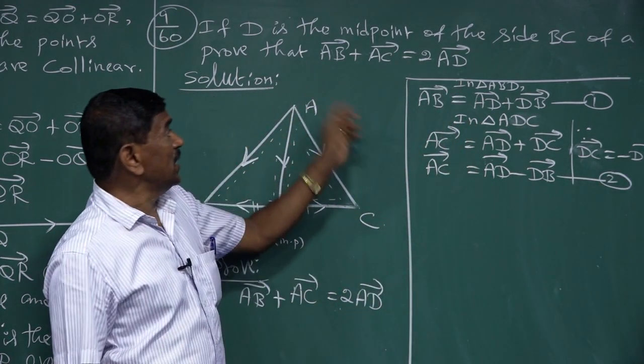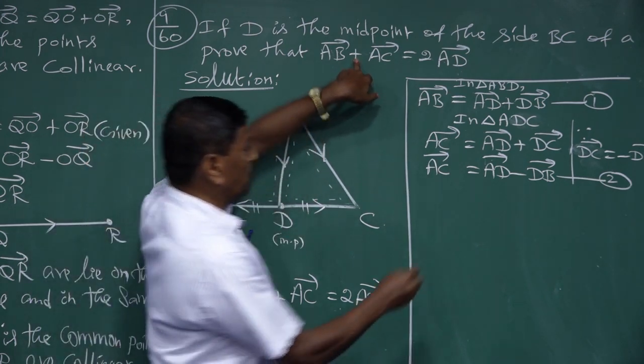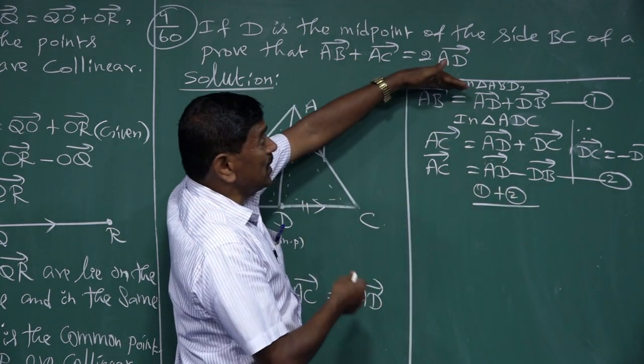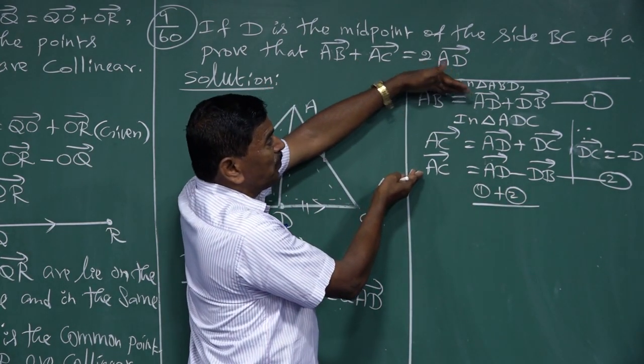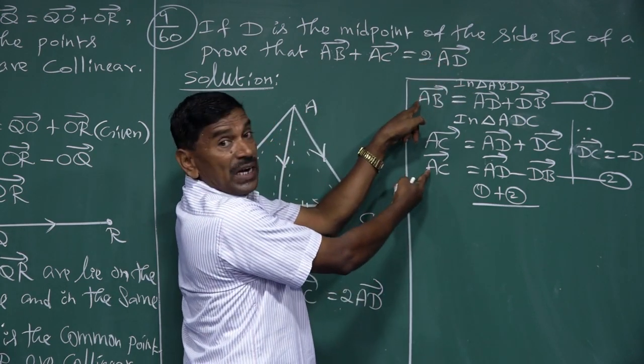Okay, now come to the result. Whether I want to add or subtract? Yes, I want to add 1 plus 2. Adding 1 and 2 means, listen, first equation, second equation. While adding, LHS plus LHS, what is the sum of LHS?